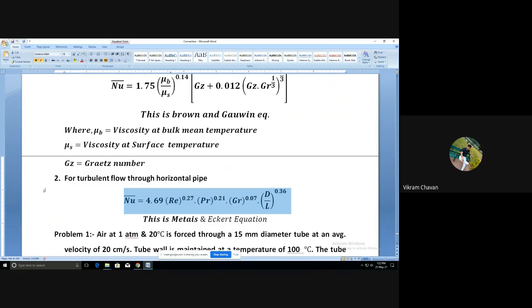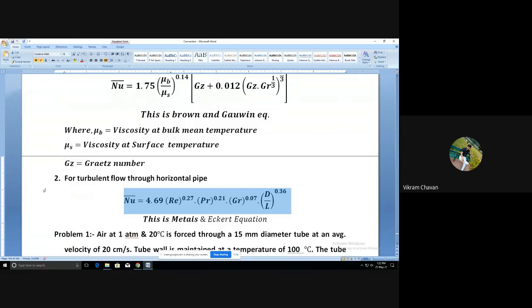Nu bar is equal to 4.69 multiplied by Reynolds number raised to 0.27, multiplied by Prandtl number raised to 0.21, multiplied by Grashof number raised to 0.07, multiplied by (d divided by L) raised to 0.36.